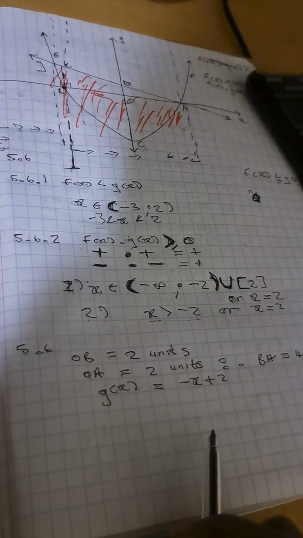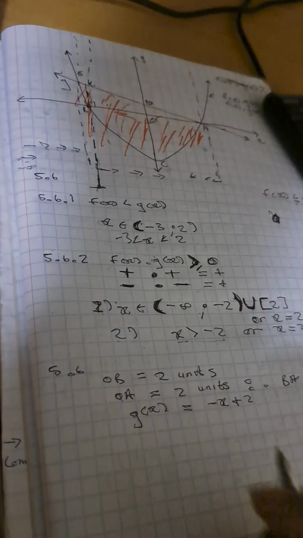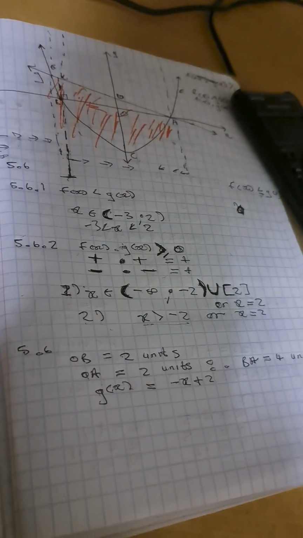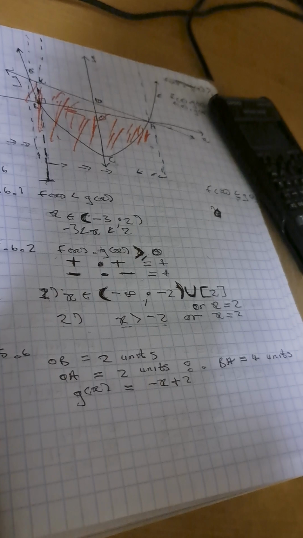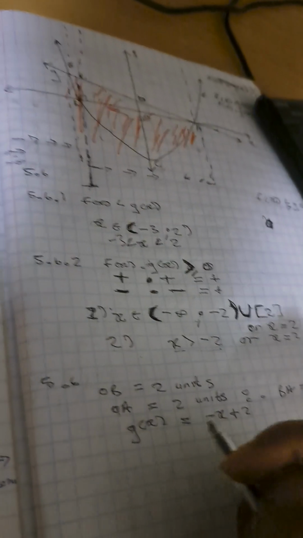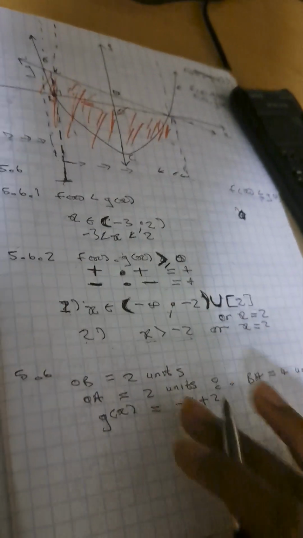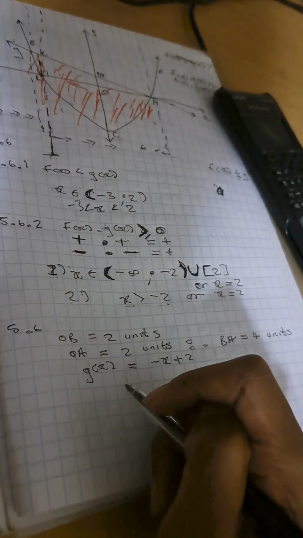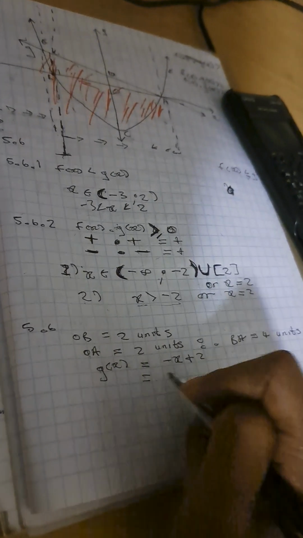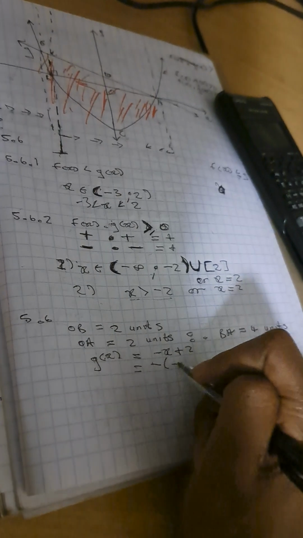We want the distance of BK. To find the distance of BK, we just have to find the y coordinate of K. We know that K is a point on the linear function, so we can use the linear function to find the y coordinate of K. We already know that K shares an x coordinate with B, and that x coordinate is -2.